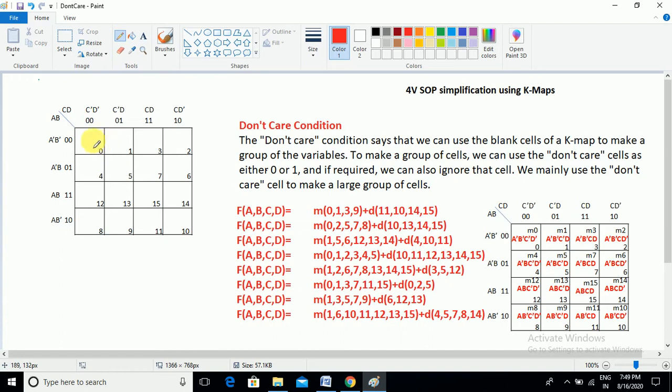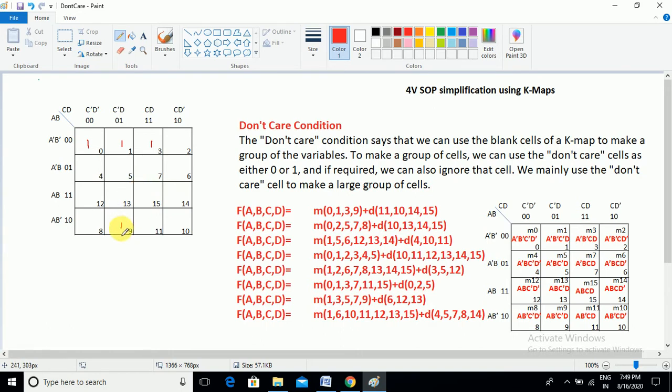In the first problem, you first select the min terms with the normal notation as usual. 0, 1, 3, 9 are selected.